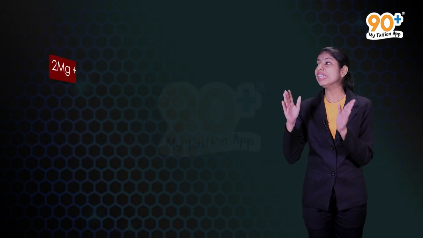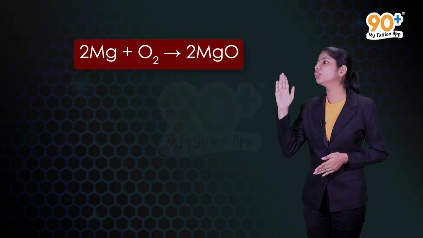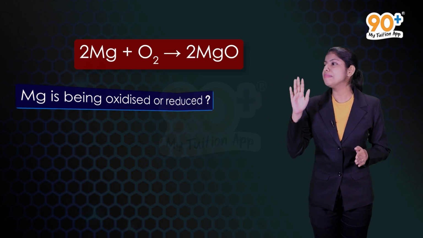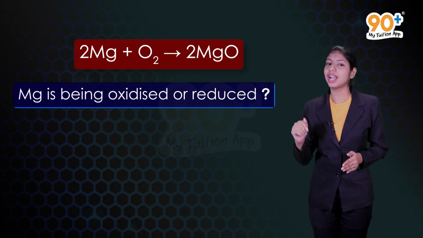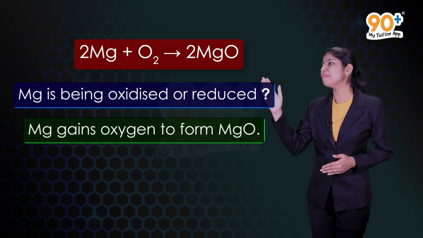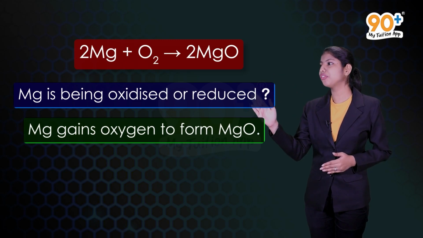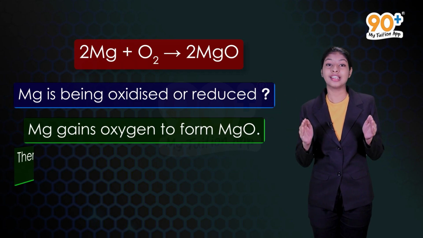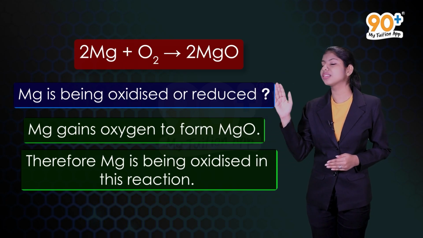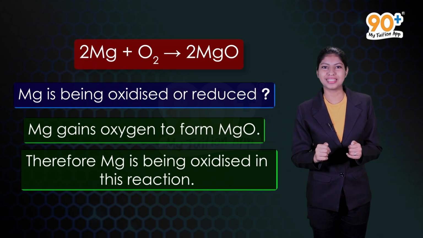Now you tell me, in this reaction of 2Mg plus O2 gives 2MgO, is magnesium being oxidized or reduced? We can say that here magnesium gains oxygen to form magnesium oxide. Therefore, magnesium is being oxidized in this reaction.